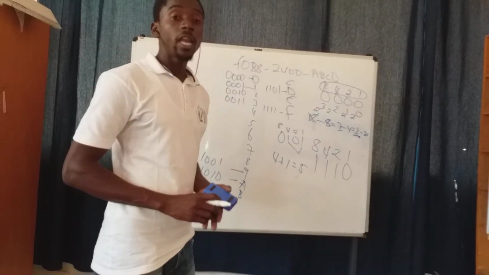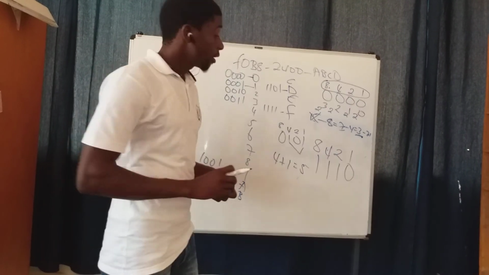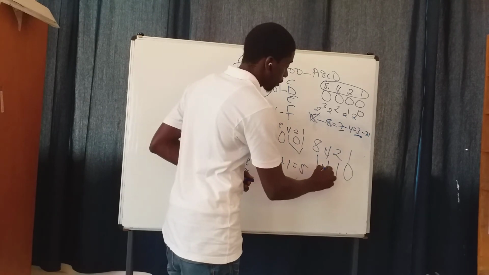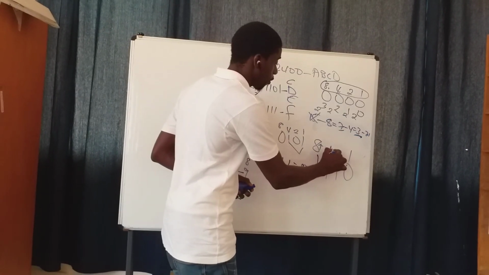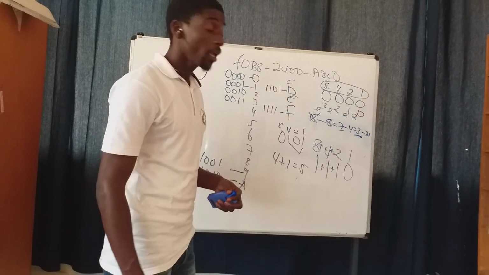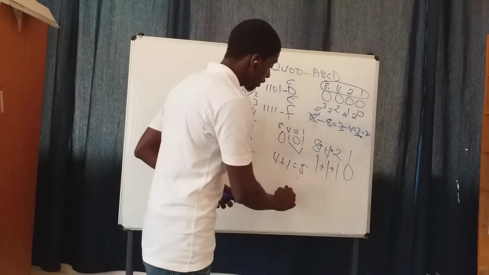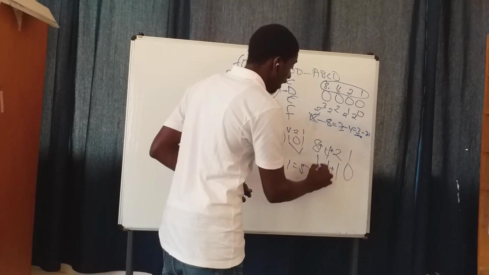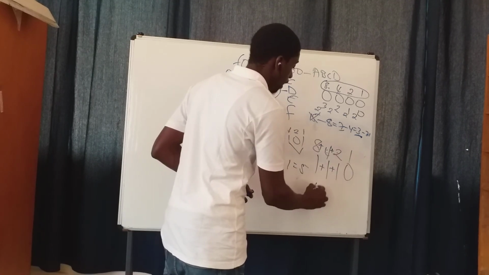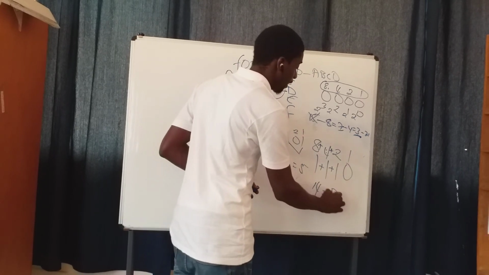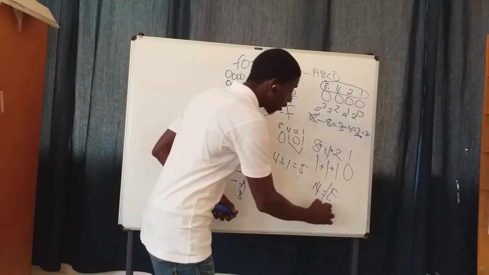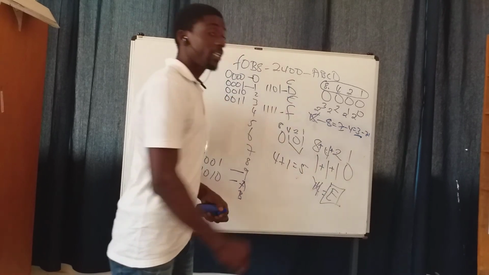So we look at the bit values that have 1 underneath. We're going to add this: 8 plus 4 plus 2. They have 1s under them. So if I add 8 plus 2 plus 4, I have 14. 14 in hexadecimal is E. So you're looking for E, not the 14.